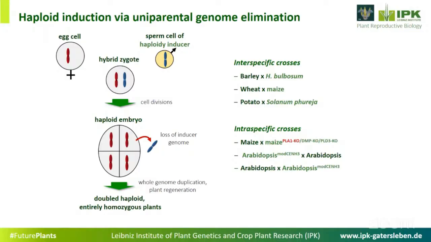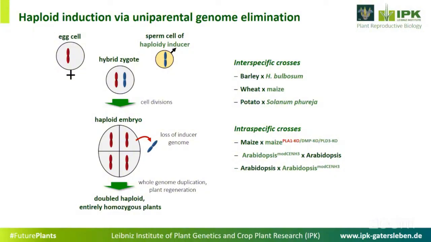Such a system is heavily used within maize, and it was also the first gene which was identified to be responsible for that. This is a phospholipase, PLA1, given in red. And this PLA1 is mutated, and therefore this is the reason that the male genome is eliminated after fertilization.